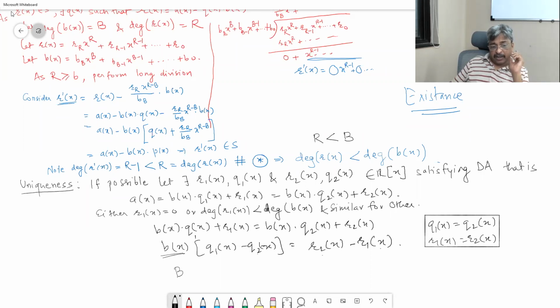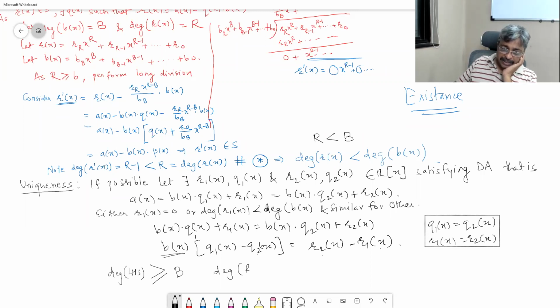So multiplication of two polynomials is addition of the degrees. So degree of LHS is greater than or equal to B, and degree of RHS is strictly less than B. Contradiction.